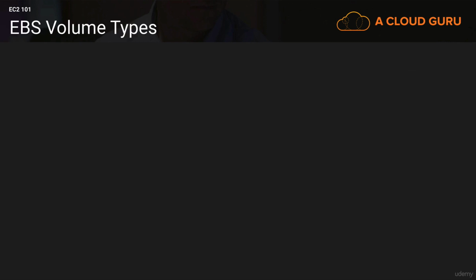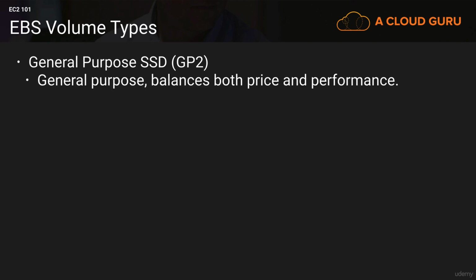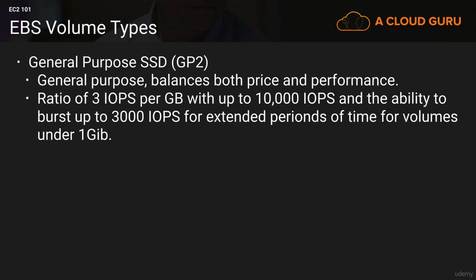So there are different EBS volume types, and currently there are 4, and some argue even 5 different types. So we have general purpose SSD, GP2. These are what we'll be using throughout the rest of this course. They're general purpose, they balance both price and performance. They are SSD, so you get really good performance from them. You get 3 IOPS per gig. So if you provision a disk that only has 1 gig, you're going to get 3 IOPS.